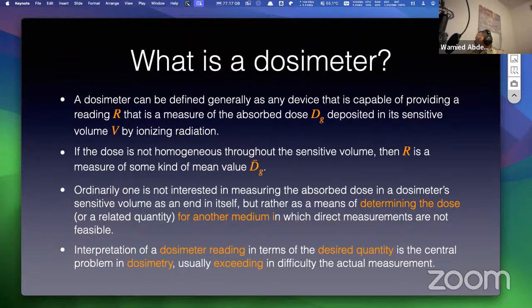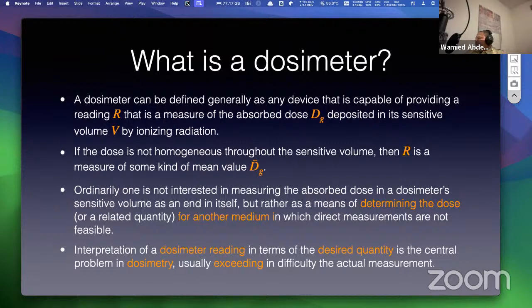Interpretation of a dosimeter reading in terms of the desired quantity is the central problem in dosimetry, usually exceeding the difficulty in actual measuring. So when we have a reading, we can take the reading, but the difficulty is not really obtaining the reading. The difficulty is converting that reading into the dosimetric quantity of interest.